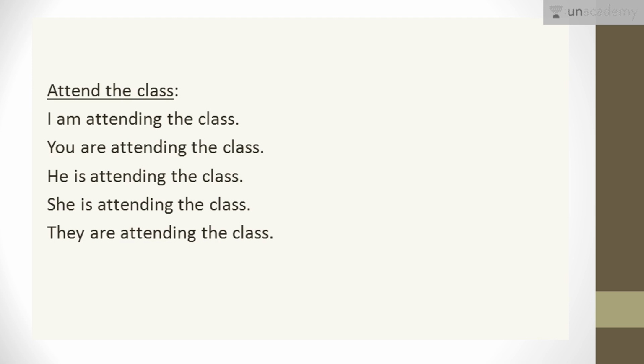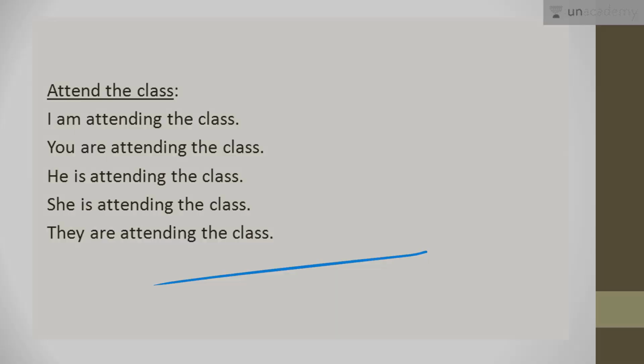Similarly, अगर वो जिसके बारे में हम बात कर रहे हैं, if she is a female, then she is attending the class. And if हम जो बात कर रहे हैं जिसके बारे में मैं और आप, they are a group of people, not an individual, which consist of maybe 2, 3, 4 people, 4 students, then in that case they are attending the class. Okay, I am attending the class, you are attending the class, he is attending the class, she is attending the class, and they are attending the class.